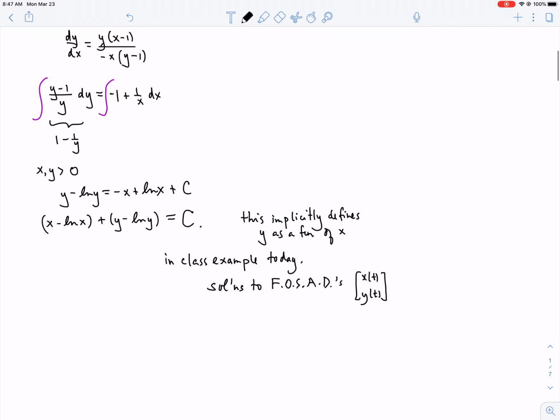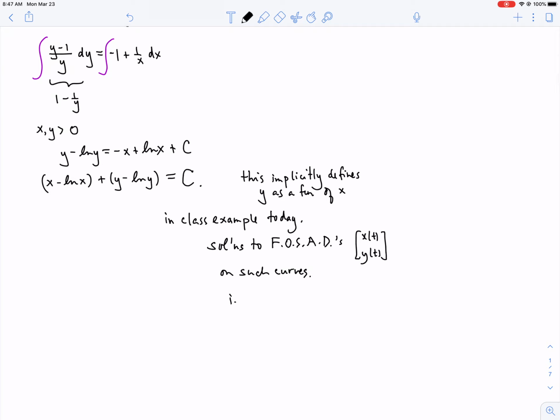So in other words, they'll trace out parts of contours or level curves for the function f of x, y equals x minus log x plus y minus log y.